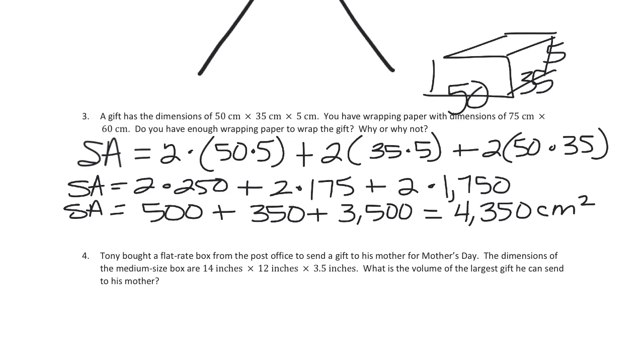Now I go to the wrapping paper, and it is 75 centimeters by 60 centimeters. So now I'm finding the area of the wrapping paper. So it's a rectangle, base times height, so 75 times 60.